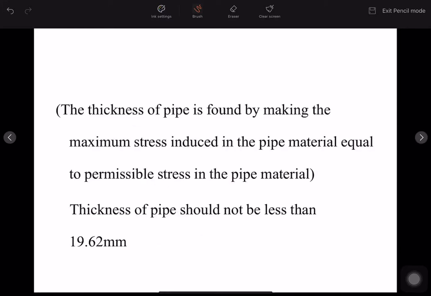So the thickness of the pipe is found by making the maximum stress induced in the pipe material equal to the maximum permissible stress in the pipe material. Here you need to note this point.